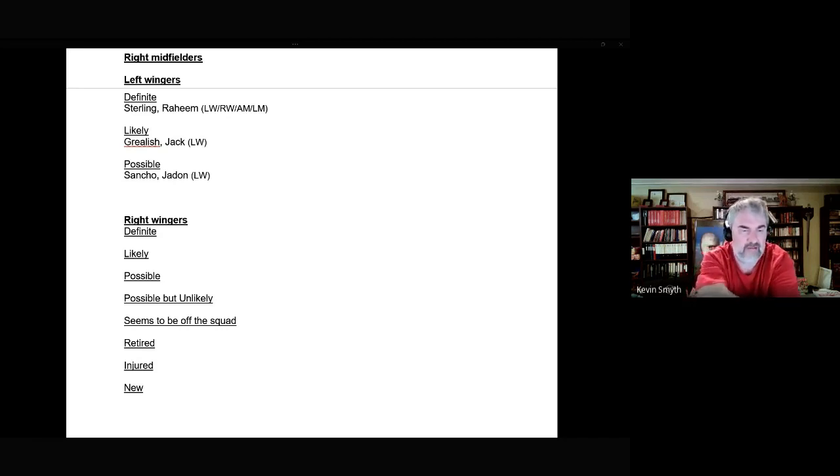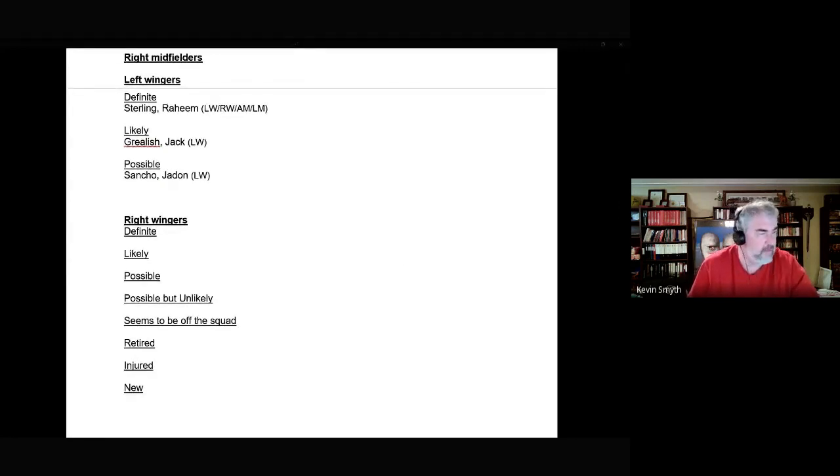So Jack Grealish has been used there in World Cup qualifying, and Jadon Sancho and Smith Rowe, who we'll be talking about later, each getting a turn in that position. Actually, even Bukayo Saka, who's usually on the right, did take a turn on the left. So a fairly fluid position, but we can think of Raheem Sterling usually there, although, as I say, sometimes he's moving over to the right now.